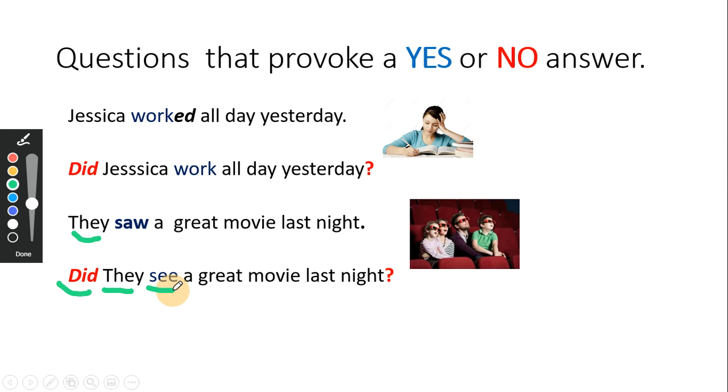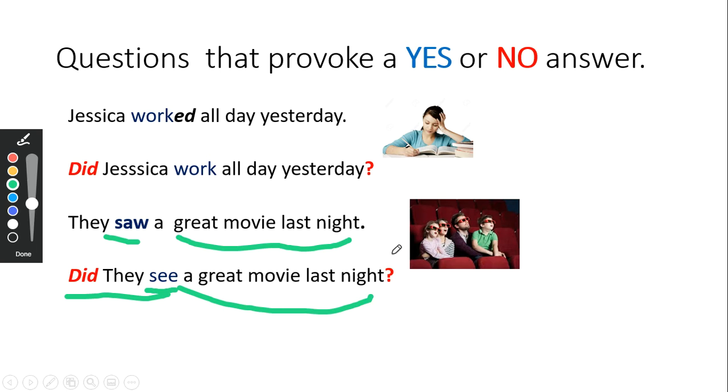Because remember that when it's a question, we use the simple form, not the past, like in the affirmative sentence. So we have, did they see? And the rest is a complement, a great movie last night. It stays the same. It doesn't change. We do add a question mark.